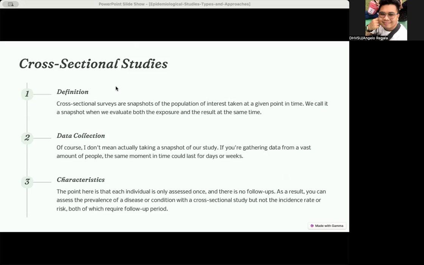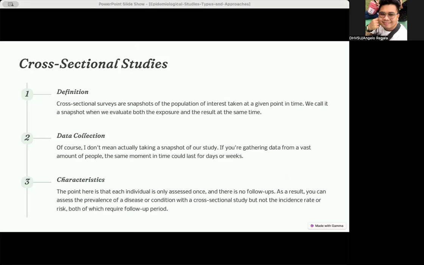In cross-sectional studies, as mentioned, it's just like a snapshot of the population of interest taken at a given point in time. So it means what happened to those particular patients at that certain period of time. Okay, so we call it a snapshot because we evaluate both the exposure and the result at the same time.